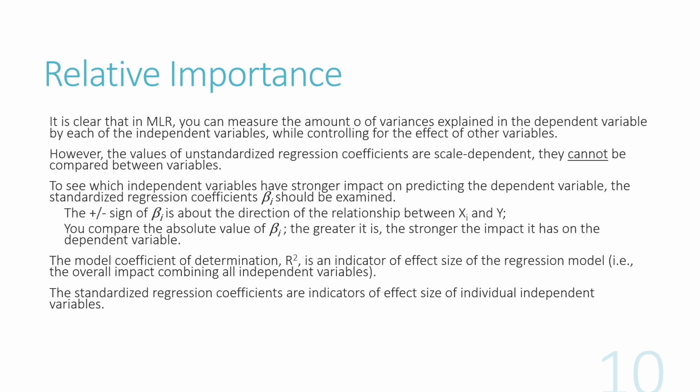Unstandardized coefficients depend on the scale of the variables, making them unsuitable for direct comparison. For example, if the first independent variable x1 represents GRE scores ranging from 100 to 800 points, and the second independent variable x2 represents student age ranging from 10 to 25 years old, their regression coefficients may differ significantly in value, even if both variables have comparable associations with the dependent variable.